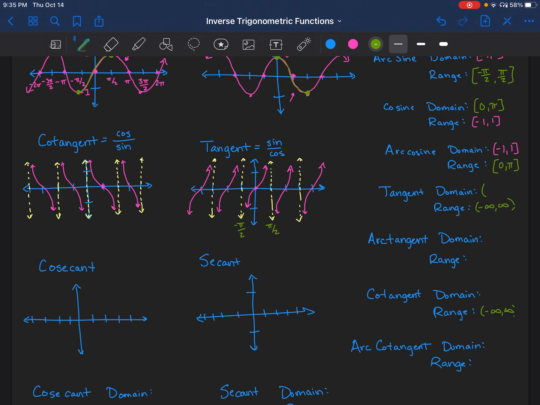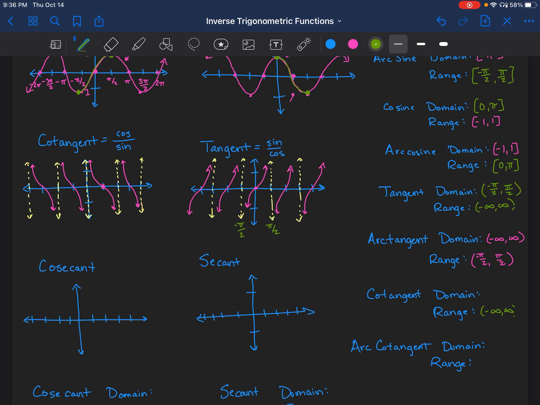So I'm going to choose a domain from negative pi over 2 to positive pi over 2 with parentheses. That means, again, when I do arc tangent, when I do the inverse, they're going to switch. So the domain is negative infinity to positive infinity, and its range is from negative pi over 2 to positive pi over 2.